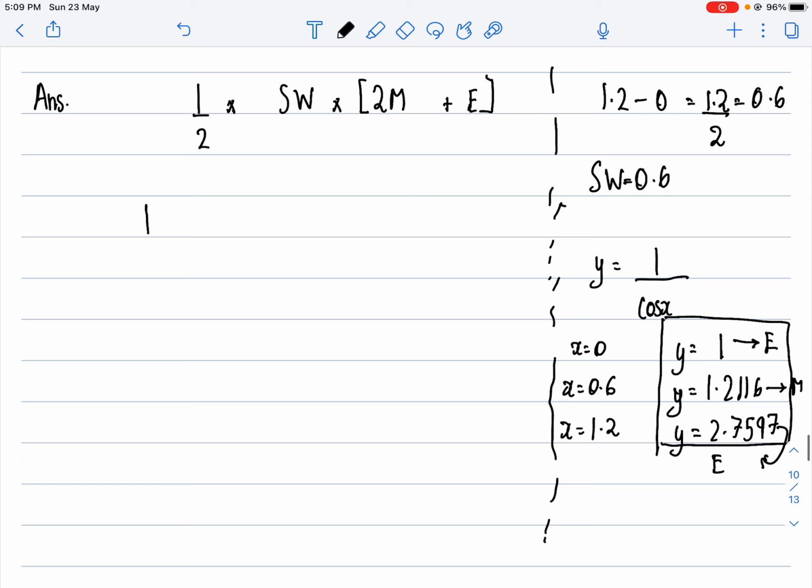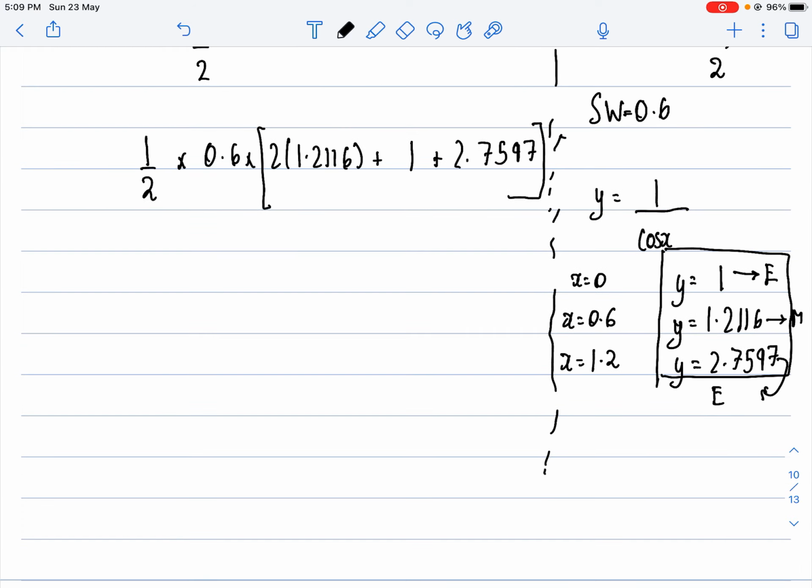So I simply need to substitute in the formula: half into 0.6, into twice the middle, which is 1.2116, plus the ends, which is 1, plus 2.7597. Now I can solve this whole thing on the calculator. Simple thing to solve.